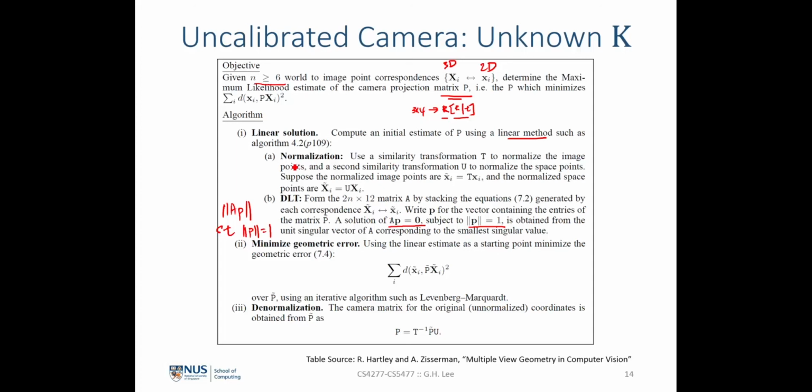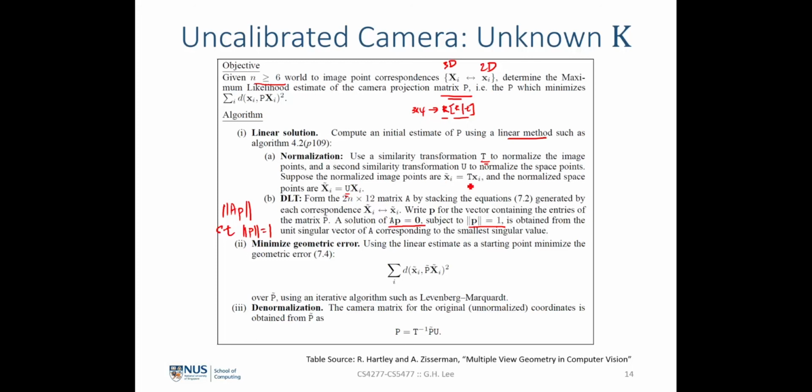In order to do the data normalization, we have to do it in both the 2D as well as the 3D domain. So we have to compute a similarity matrix, which we call T, that we have seen earlier how to compute, to normalize the points, as well as a normalization matrix in 3D, which we call U over here, to normalize the 3D points.